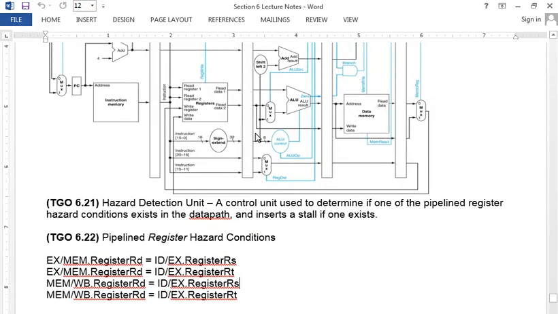And the data forwarding unit, as I've alluded to a number of times, is the unit that actually takes the physical values from those buffers and forwards them back to the arithmetic logic unit so it can use the most recent copy.